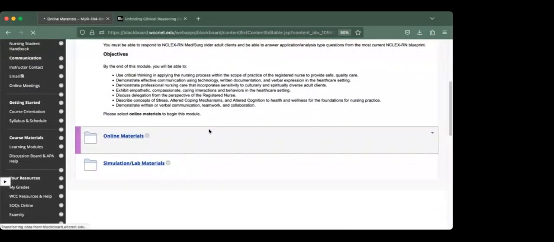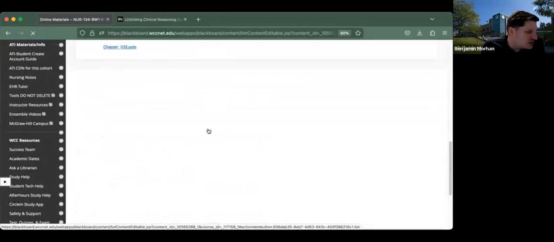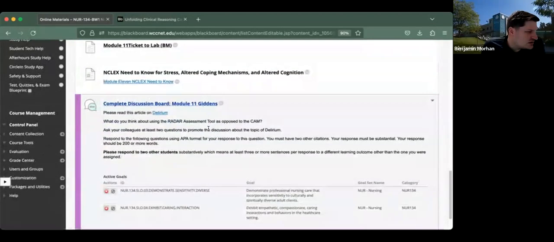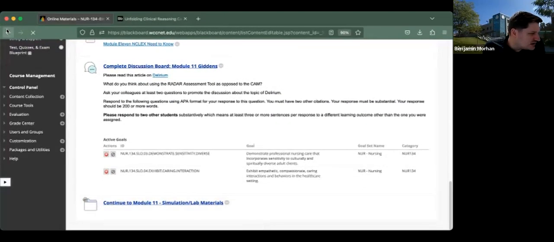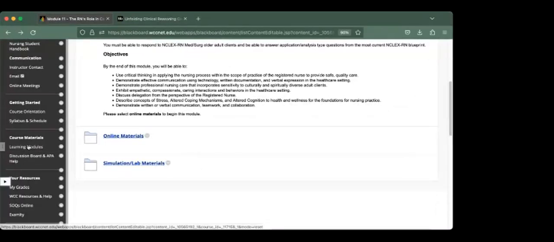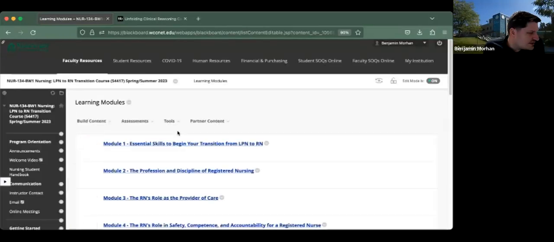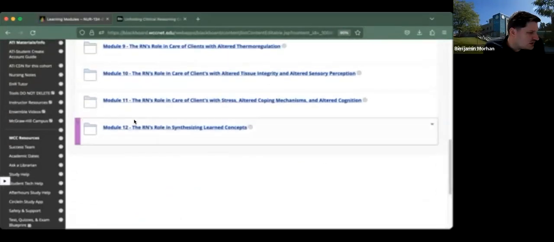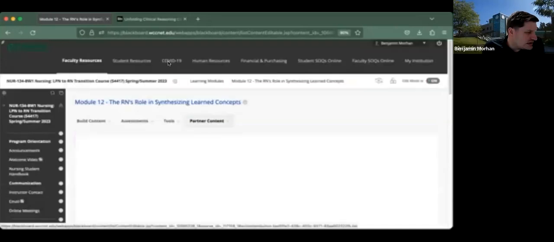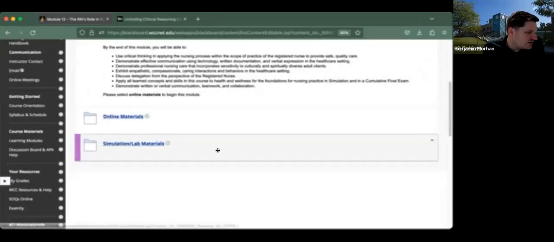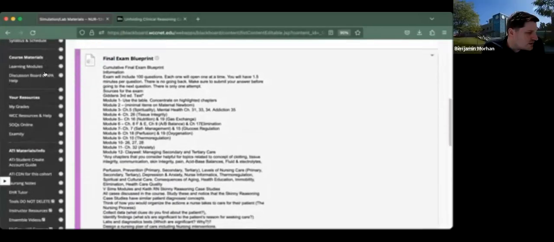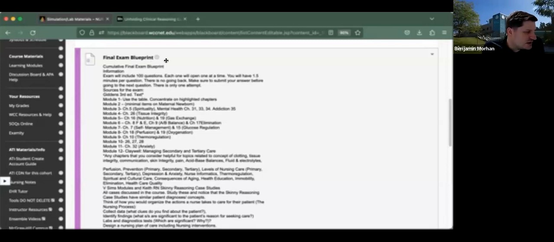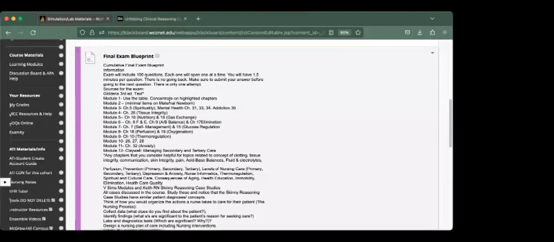And then when you go under continue, why is this 11? I thought I clicked on 12. I thought you did click on 12 too. Okay, once you click on 12, there is a blueprint for the final exam. Okay. So you guys see this final exam blueprint? Mhm. Okay.